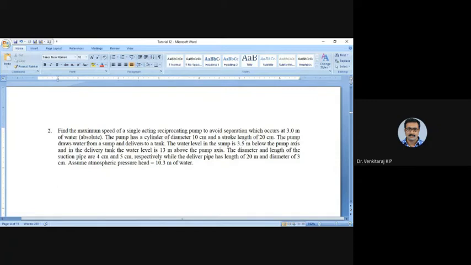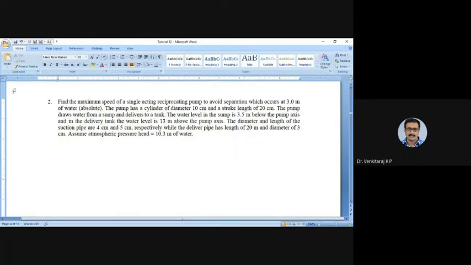So in this problem, we are asked to determine the maximum speed with which the pump can be operated without fearing separation, and the separation occurs at 3 meters of water absolute. So let us first of all write down the given data here.